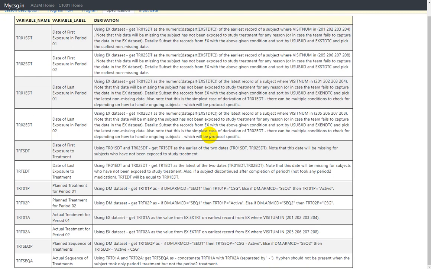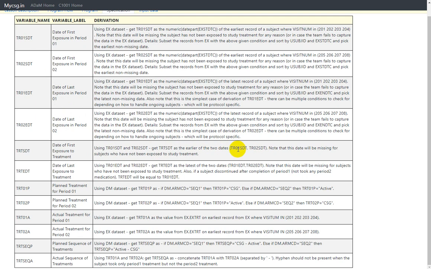So let us take a look at the derivation logic for TRTSDT and TRTEDT. By default, the definition says date of first exposure to treatment and date of last exposure to treatment for these two variables. Here for TRTSDT, the derivation logic uses TR01SDT and TR02SDT, which we already derived as part of the existing specification. So get TRTSDT as the earlier of the two dates.